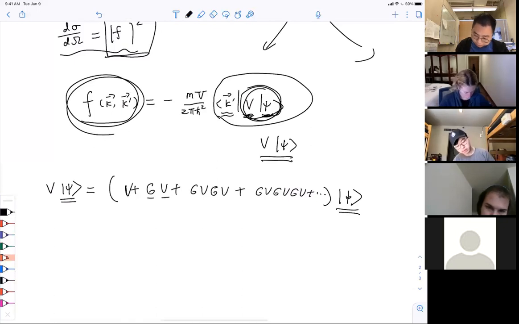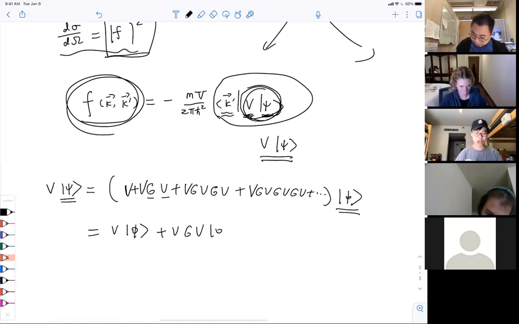So you get V phi plus V G V phi plus dot dot. If we only keep the first term, it's known as the first order Born approximation.